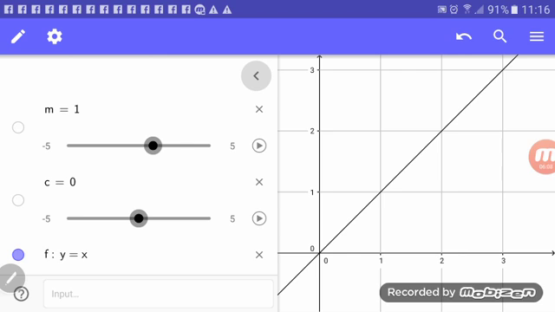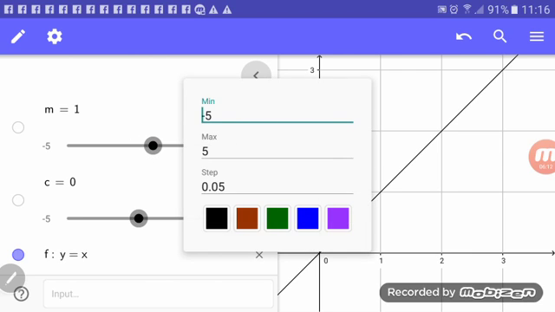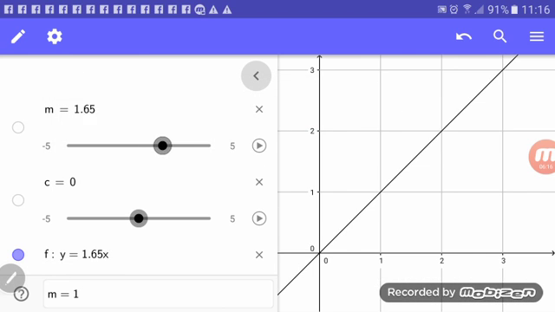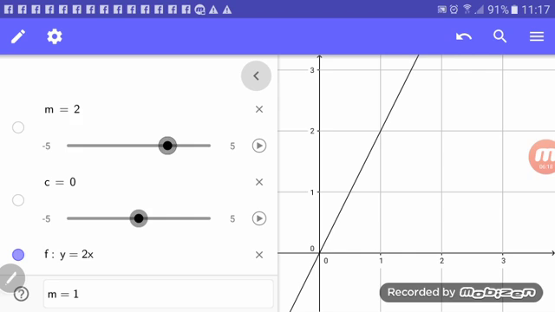Right. If I increase this, what's going to happen? Let's see if we can increase this. Okay, now we can see at the top here it says a gradient of 2. But what does this actually mean? Let's take it back to our basics. The gradient is the rise over the run.